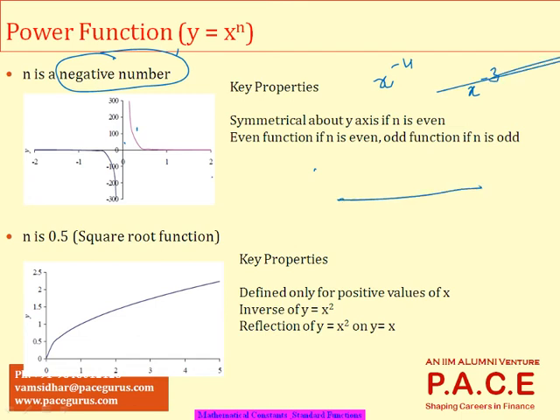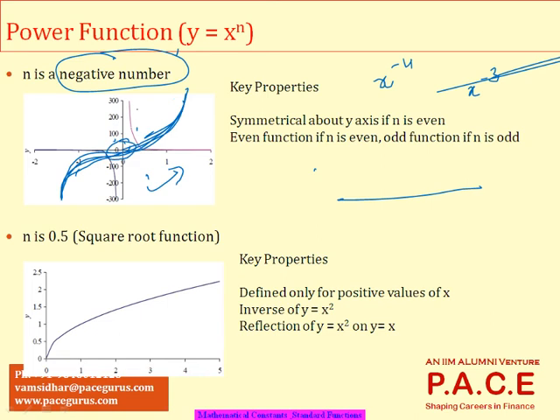This is typical x to the power of -3, especially when n is positive; we got x to the power of -3 more like this. So a positive odd number means it is continuous like this and cutting at x equal to 0.